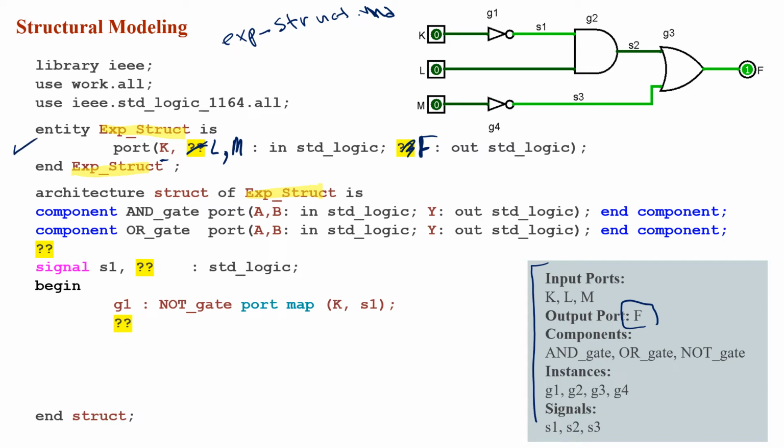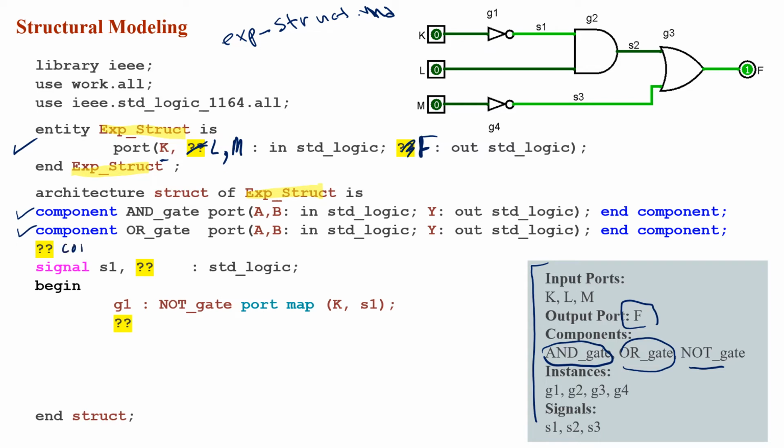All we have left to complete is the architecture part. With the structural modeling, we have to list all the components just once. Every unique component that is used must be declared once. In the template that is given, the AND gate is already mentioned, the OR gate as well. All we have to declare now is the NOT gate using the same syntax.